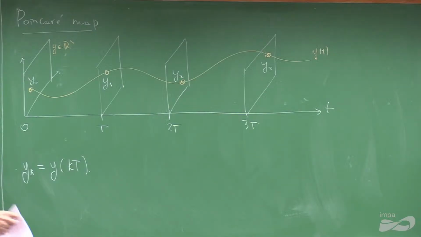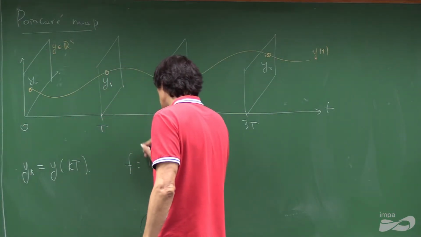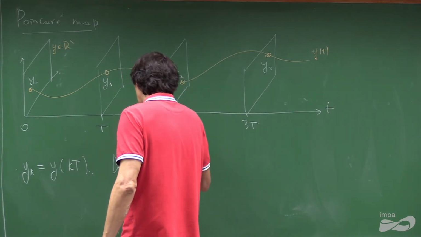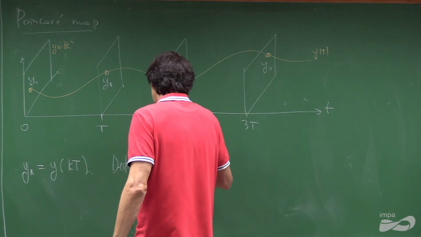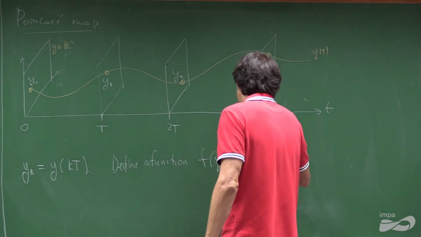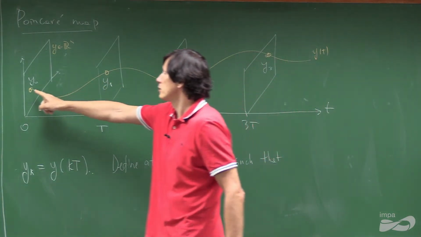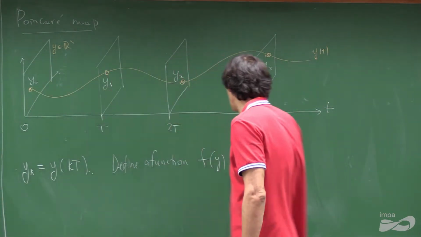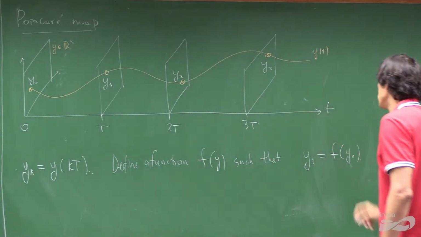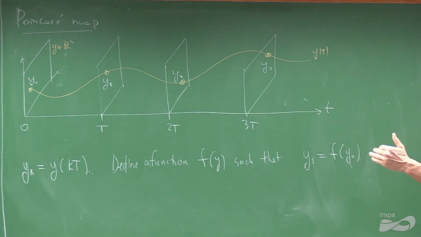So you can define a function f which maps an initial point to the point at period 1. So y1 is a function of y0. This function gives, for any initial condition, the value which you obtain after one period.